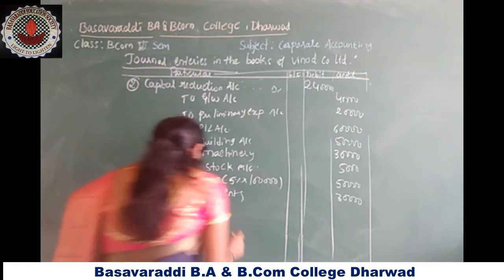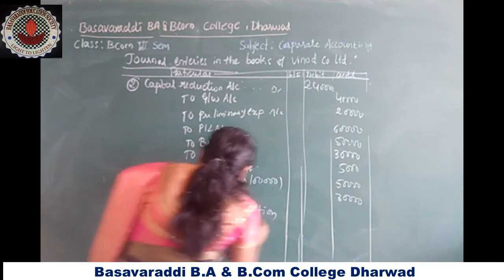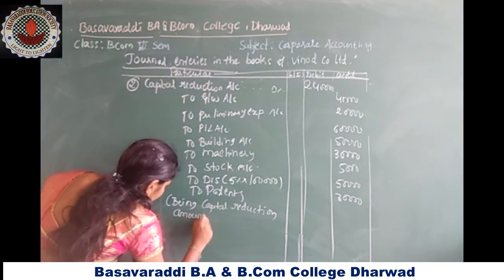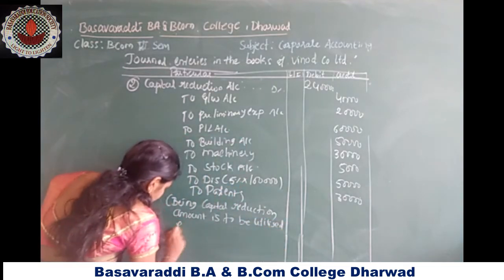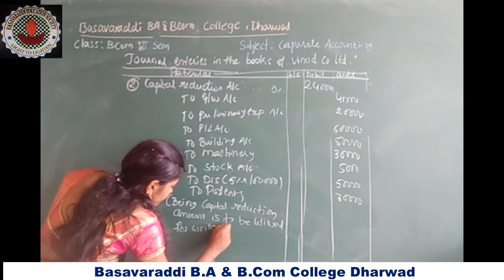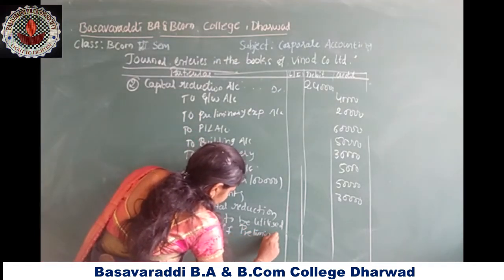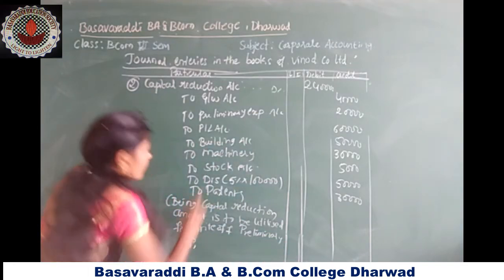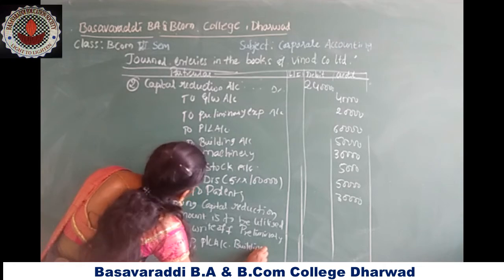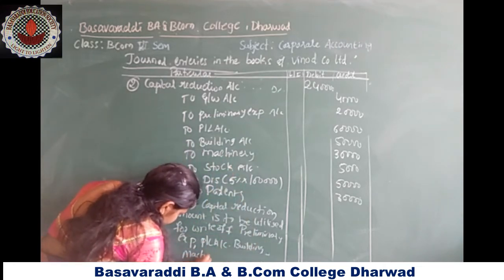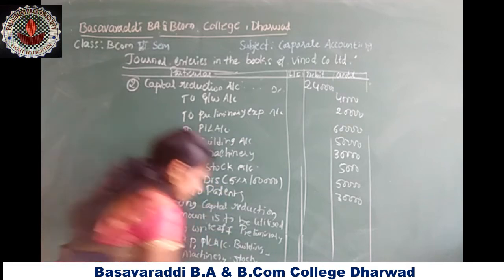Being narration: being capital reduction amount is to be utilized for writing off the preliminary expenses, next profit and loss account and then building, next machinery, next stock and then debtors.